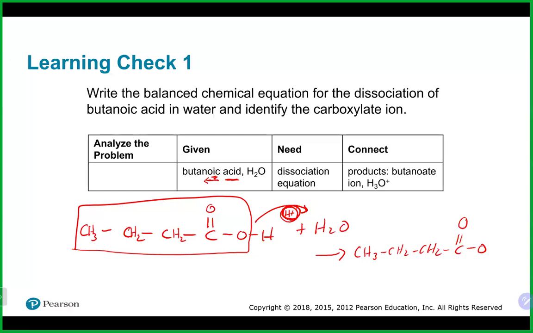So that acid was neutral to begin with. It will then become one more negative in this case. It's actually at that oxygen where that occurs. And our water will gain the H and the plus and become H3O plus. Any questions on that one there?